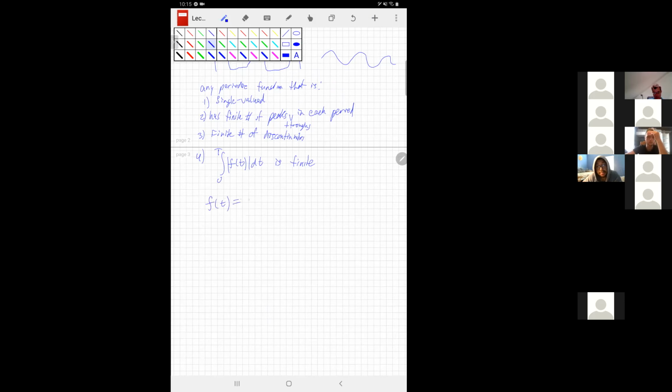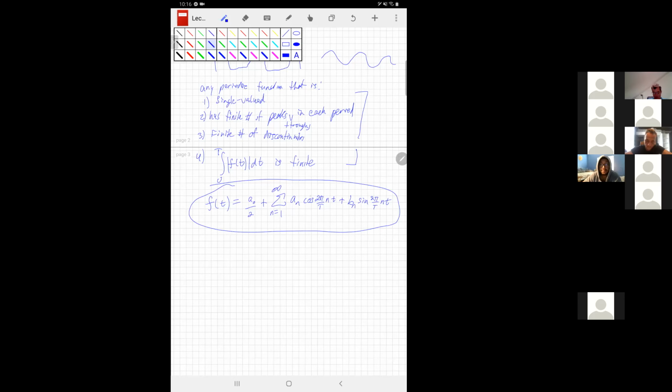t equals a0 over 2 plus, and we'll explain what each of these coefficients means. Any periodic function that satisfies these conditions can be written in terms of just a bunch of sines and cosines.